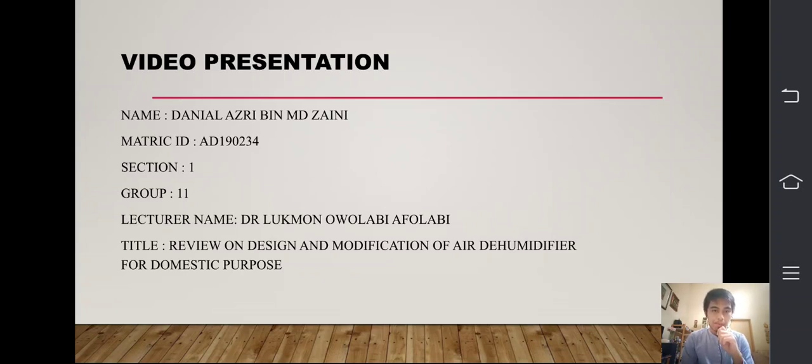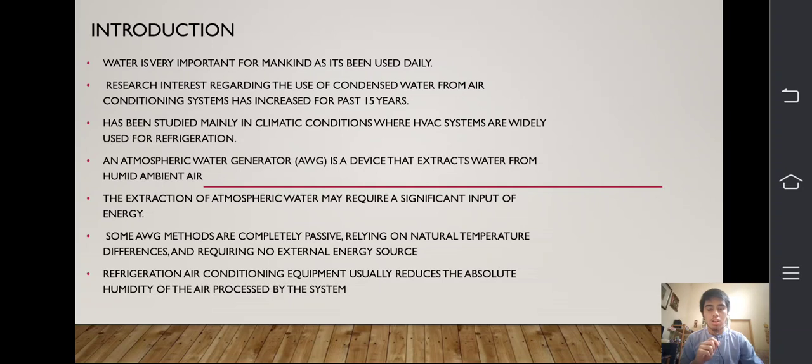I will present a review on the design and modification of an air dehumidifier for domestic purposes. For the introduction, water is very important for mankind as it is used daily.